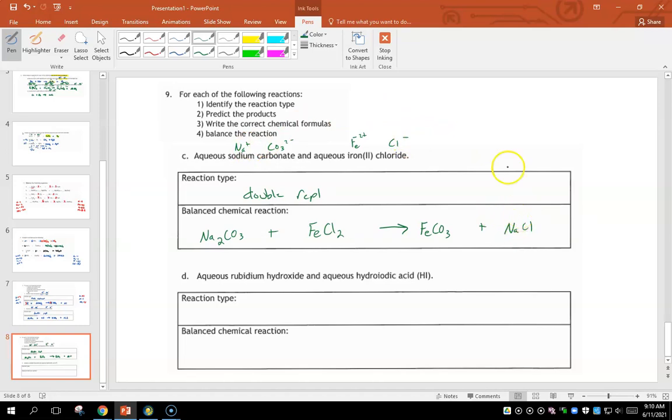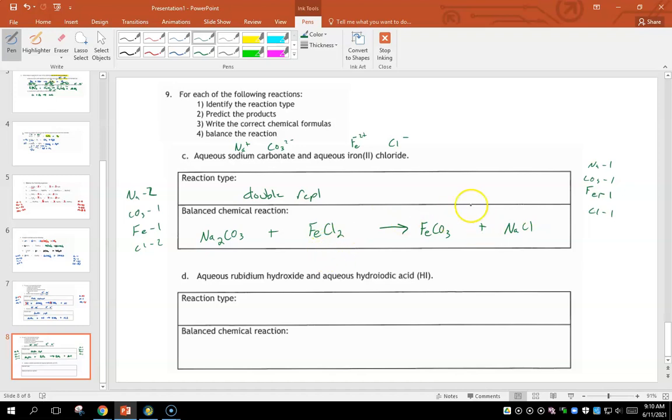Now this one does not appear to be balanced, so we've got 2 sodiums here, 1 carbonate, 1 iron, and 2 chlorines. Over here I've got 1 iron, 1 sodium, 1 carbonate, and 1 chloride.